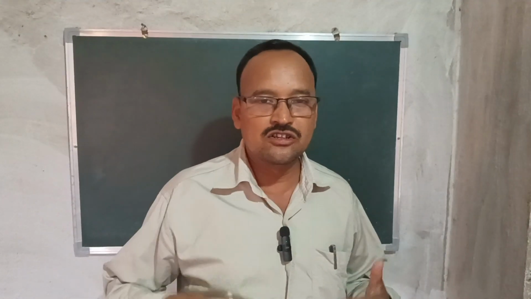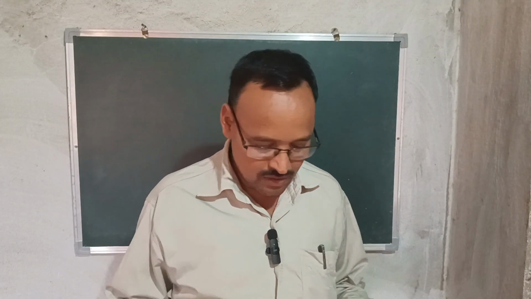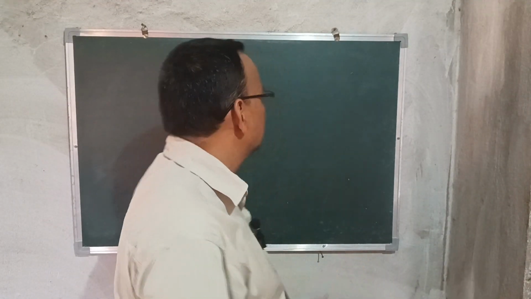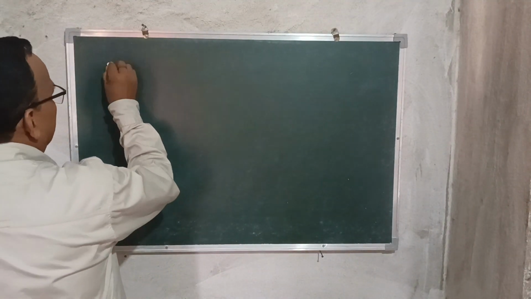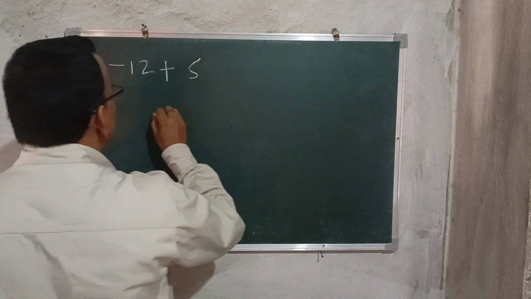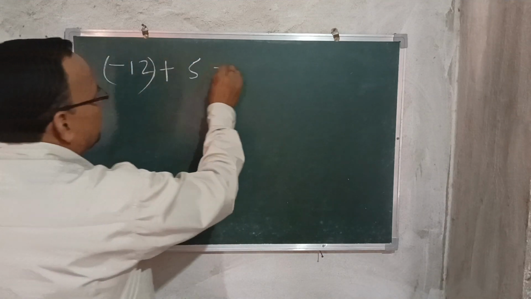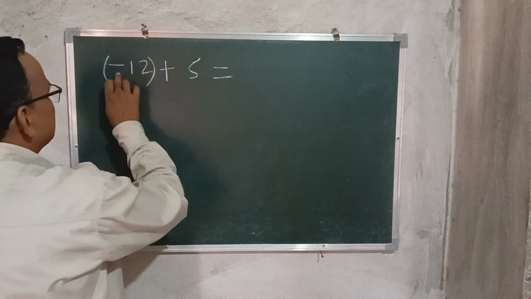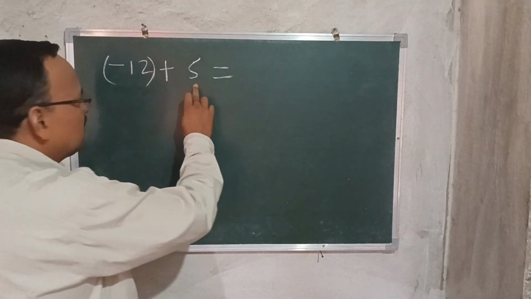So let us take an example for the addition of integers using the rules. Minus 12 plus 5. They are of unlike sign. Here 12 is negative and 5 is positive.